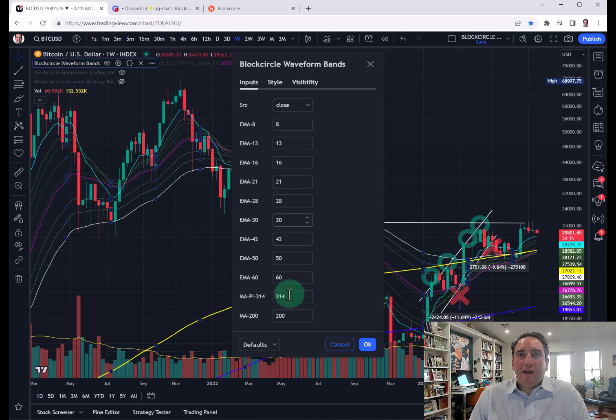So it's taking 314 days of cumulative pricing information for Bitcoin and then dividing it by 314. So very simple moving average. Every individual day is weighted 1, right? So that's simple moving average.